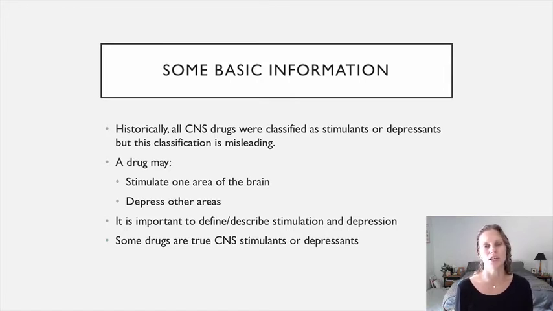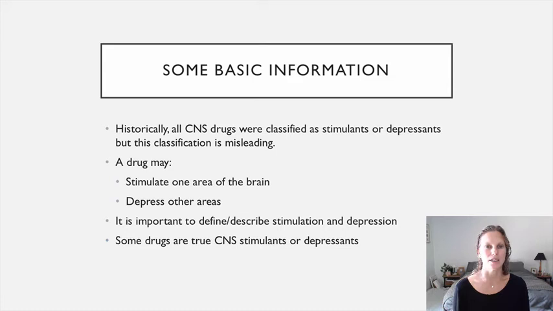But that classification was a little bit misleading, because as we dive into these drugs, sometimes a drug can be used and it might stimulate one area of the brain and potentially inhibit or depress another area of the brain. So a lot of the drugs that we'll talk about have sort of a dual effect.